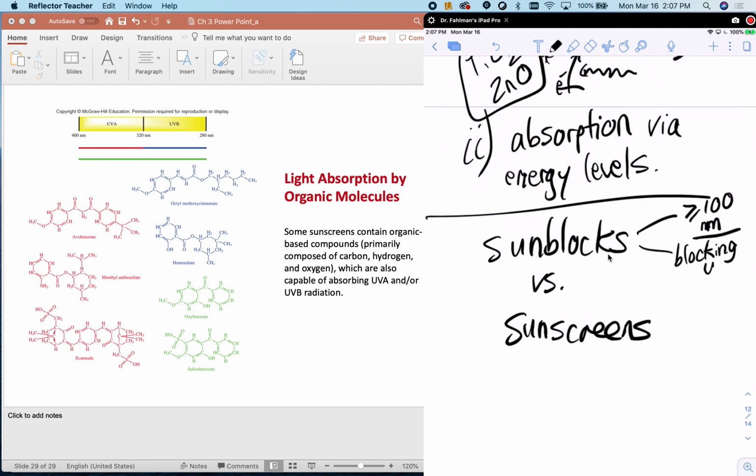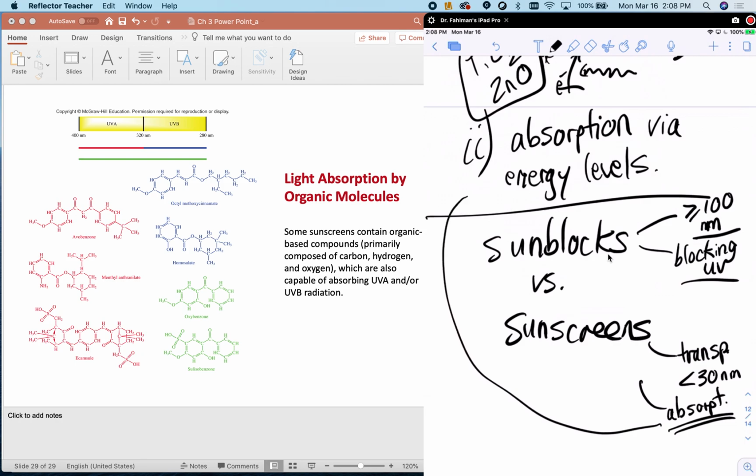Whereas sunscreens are generally transparent, so they will have less than 30 nanometer particles in them, and it's really an absorption process. So these are ones where, as we talked about earlier, you're moving electrons from lower energy levels to higher energy levels. Okay, so that is it for this chapter.